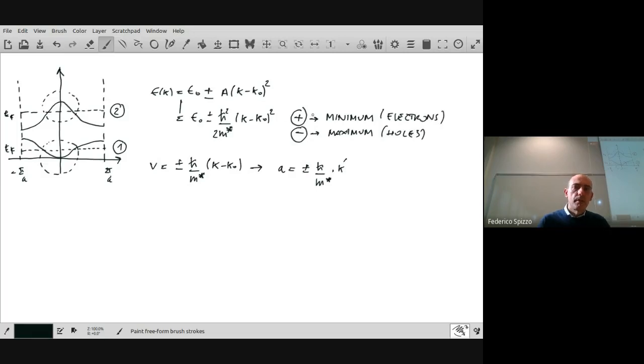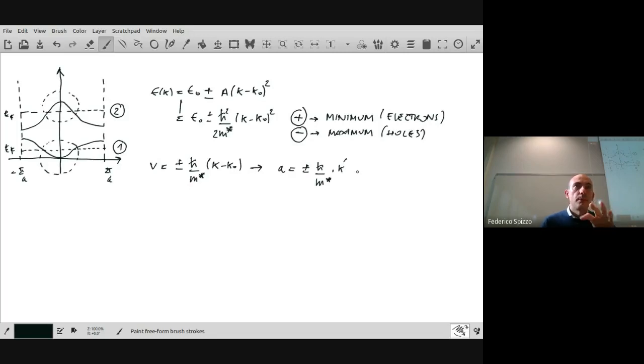In other words, plus means occupied levels, minus means unoccupied levels. So the final point is that you may distinguish the electron behavior from the hole behavior just considering the fact that A and K prime have the same orientation or the opposite orientation.